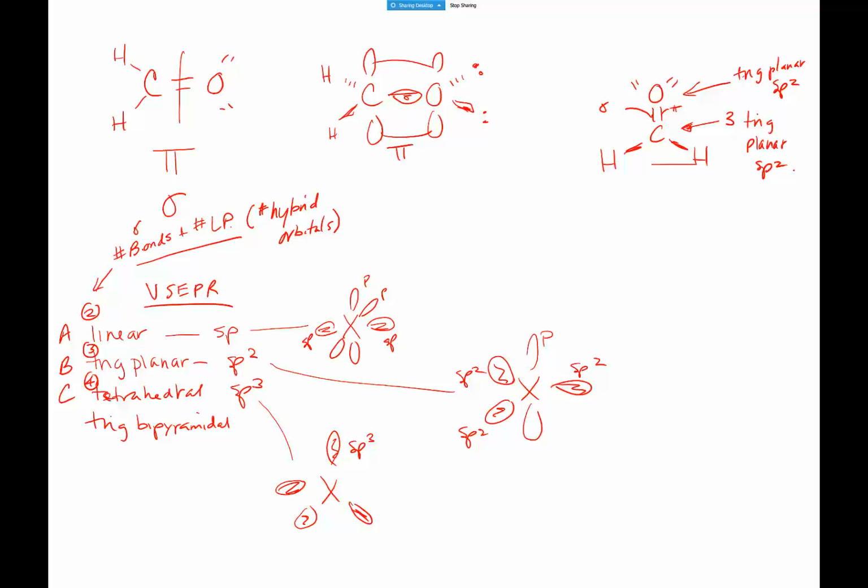So then for this molecule, let's go ahead and sketch it out. I'm going to sketch that carbon-oxygen bond. Let's start with the central atom of carbon. What was its hybridization? sp2.